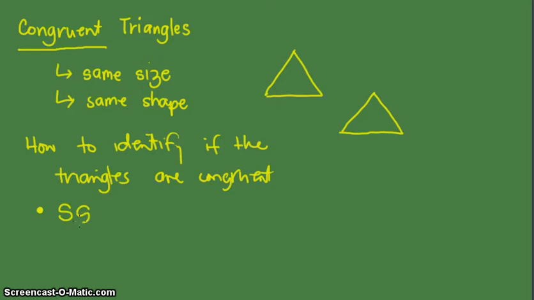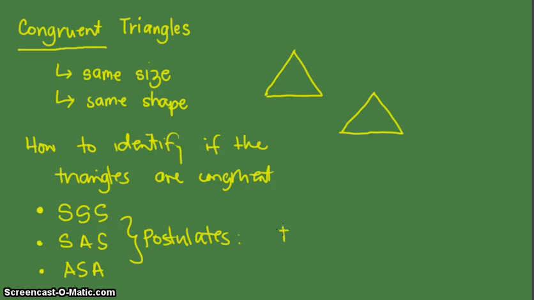The first one is what we call the SSS. The second one is SAS. The third one is ASA. So these are postulates, properties that will tell you if the two triangles are congruent. And you also have theorems. The first one is AAS and the second one is HL.